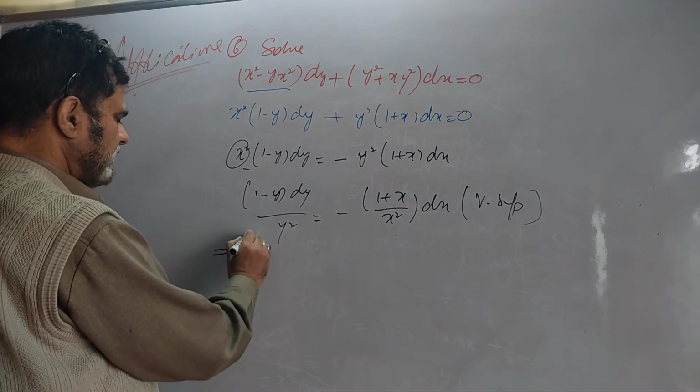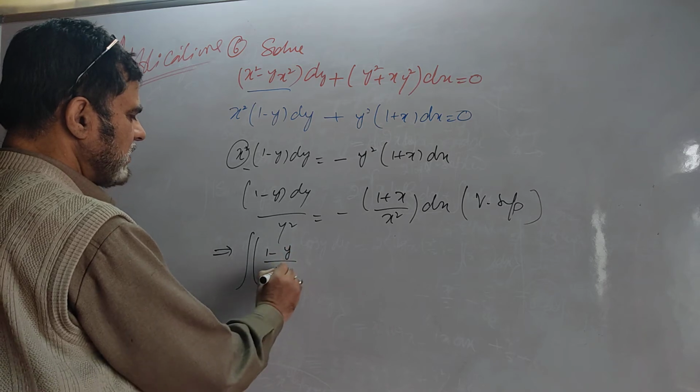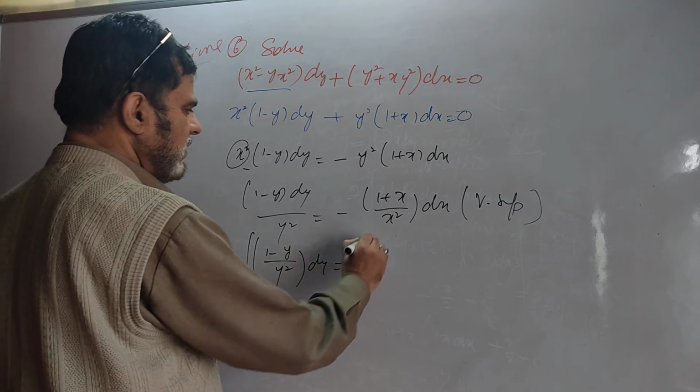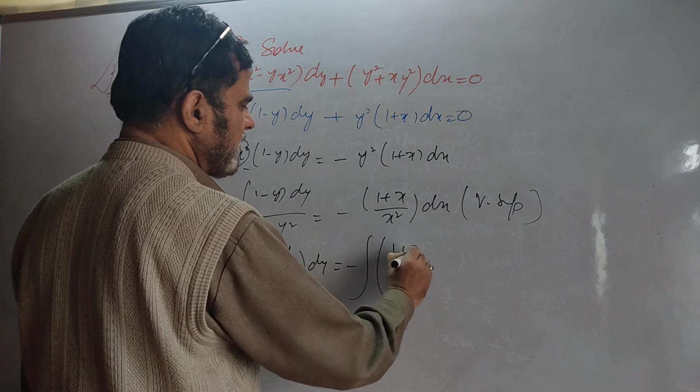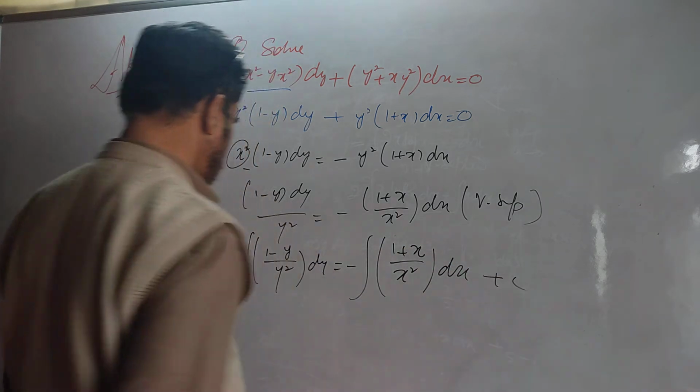This implies integral of (1 minus y) by y square dy is equal to minus integral of (1 plus x) by x square dx, plus constant of integration.